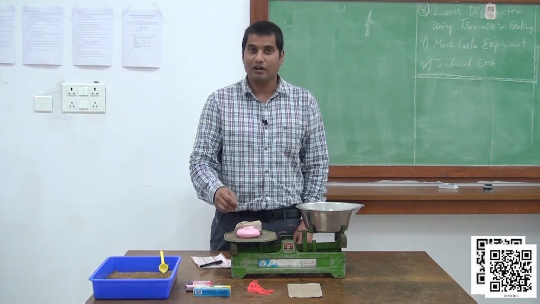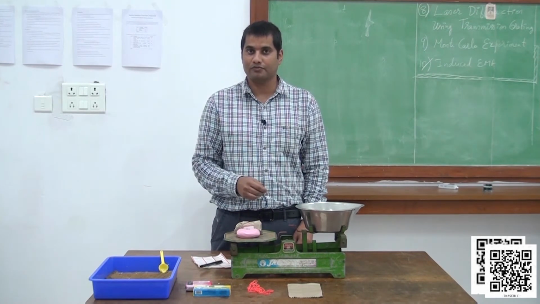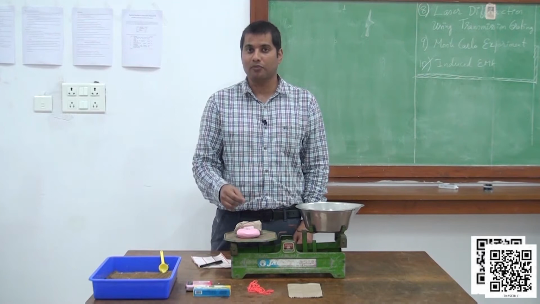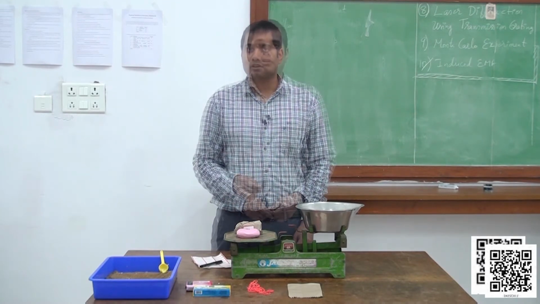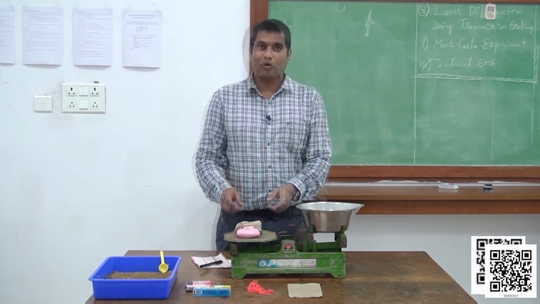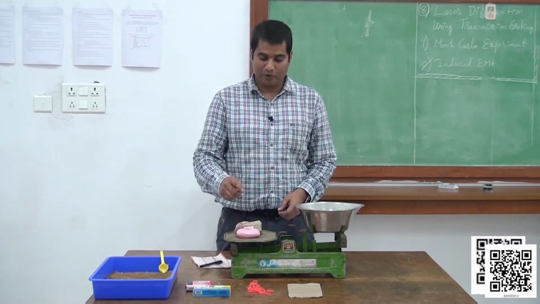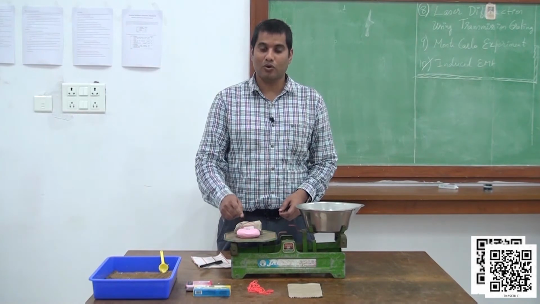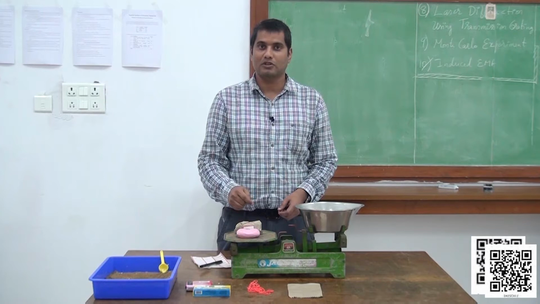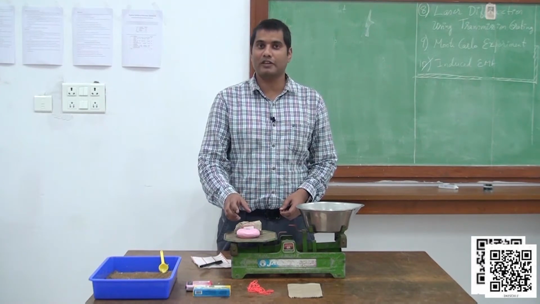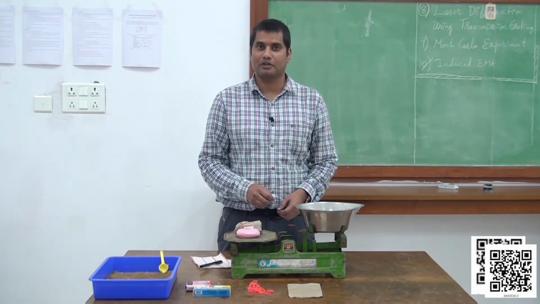Now there is 100 gram of soap and 100 gram of weight that we have made using sand. Now the total weight on this pan is 100 gram soap plus 100 gram sand. So 100 gram plus 100 gram is 200 gram. So the total weight of this pan is now 200 gram.